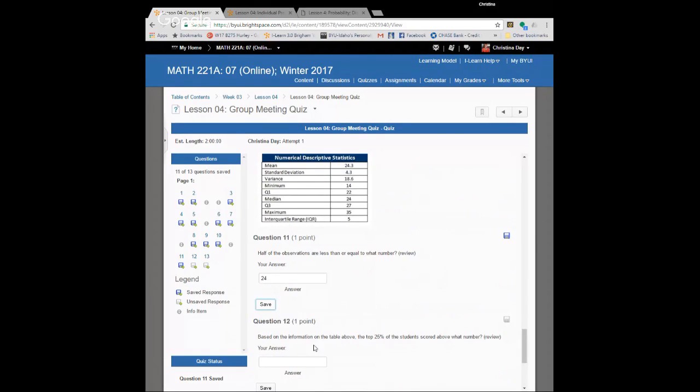Using the information in the table, the top 25% of students scored above what number? 27? Right? Q3. The top 25%, isn't that Q3? That's from last week's lesson, right? Yeah. I'm trying to understand that part. Okay. But I think because the top 25% is going to be 27 and higher, with the maximum being a 35.